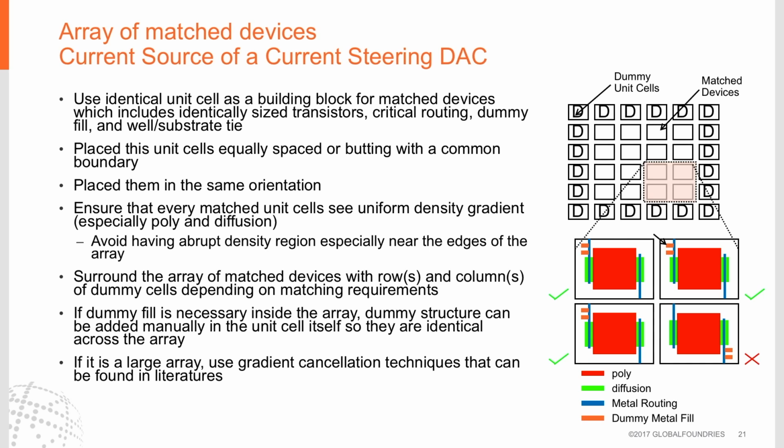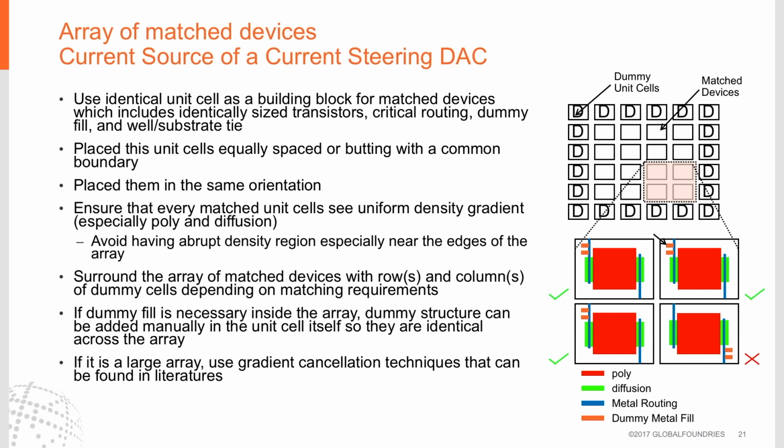You should place the unit cells equally or butting with a common boundary, and with the same orientation. You also should ensure that every matched unit cell sees a uniform density gradient, especially for poly and diffusion, as that will impact the matching. You need to avoid abrupt density changes, especially near the edges of the array.